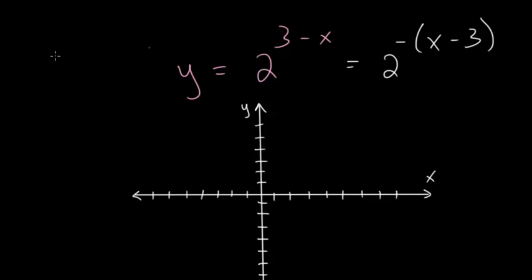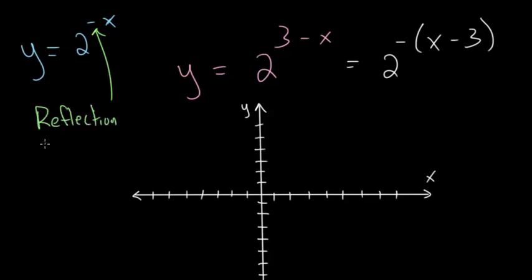So first of all, think about what it means when you have a negative in your input. When we had a negative on the output, right, when we had it in front, then that reflected it about the x-axis, or essentially all the y values were now the opposite. But when you have a negative on the inside, it's essentially the opposite reflection.